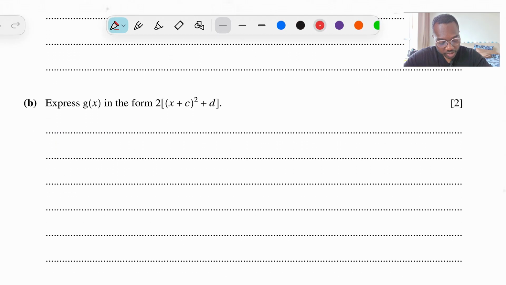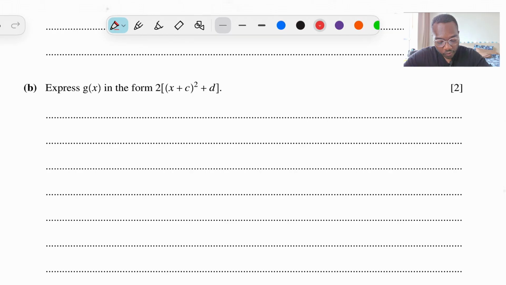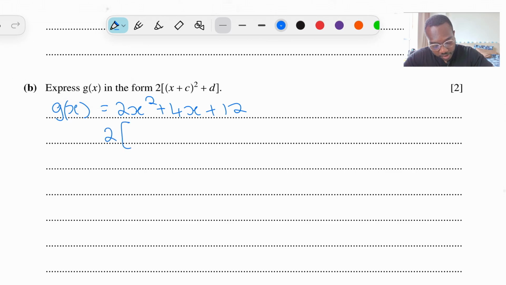Second question, we need to express g of x in the form of 2 times x plus c squared plus d. So again, completing the square. If I just rewrite g of x, it was 2x squared plus 4x minus 12. So we just want to complete the square on this. Therefore, take a factor of 2 out, so we get x squared plus 2x minus 6.